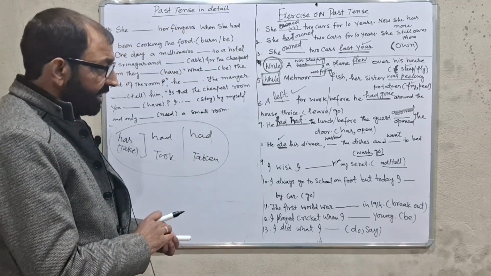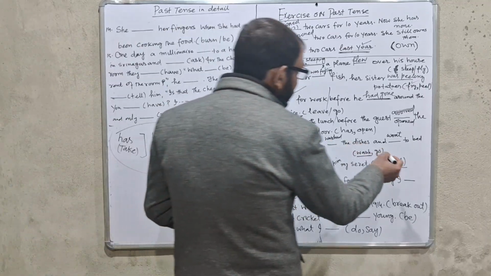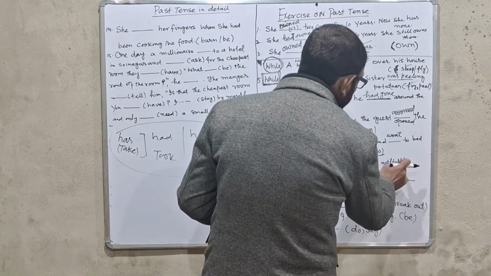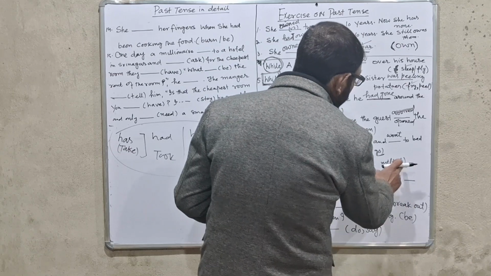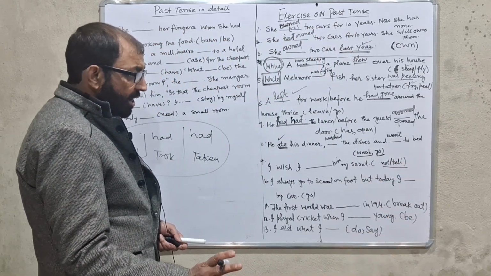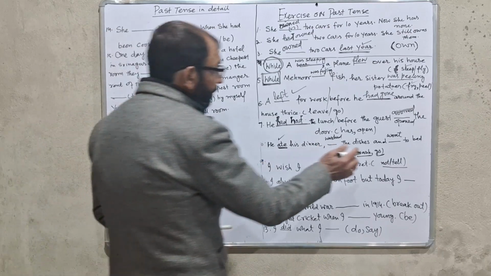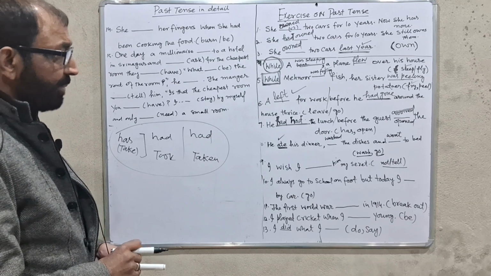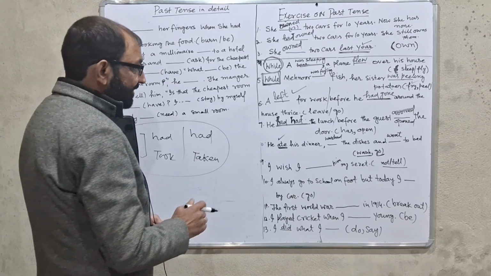One thing is clear. Second thing, the given option is not tell. So if it is tell only, it means positive past perfect tense. When it is not tell, it means you have to make it a past perfect negative sentence.